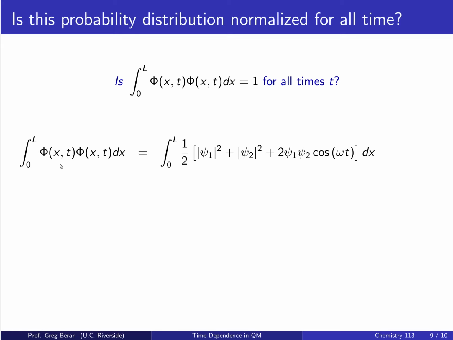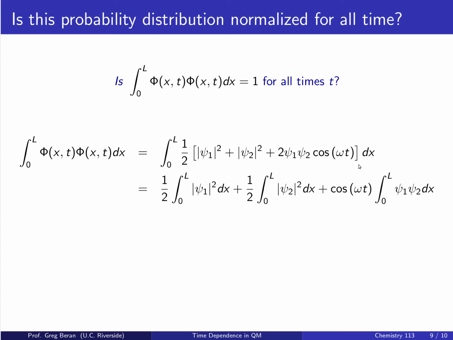We worked out on the previous slide what phi star phi was, and so it's equal to 1/2 psi 1 modulus squared plus psi 2 modulus squared plus 2 psi 1 psi 2 cosine omega t. Break this up into three different integrals: 1/2 times the integral over psi 1 squared, 1/2 times the integral over psi 2 squared, plus cosine omega t times the integral from 0 to L of psi 1 psi 2.